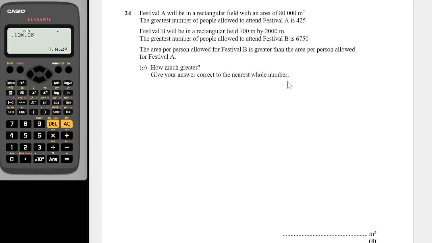Okay, so the area for Festival B would be 700 multiplied by 2,000. And we're dividing that by the number of people, because we want the area per person, so dividing that by 6,750. From that, we want to subtract the area per person at Festival A, which would be 80,000 divided by 425. I'm not going to do any stages for my working.